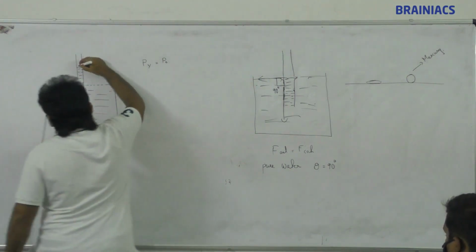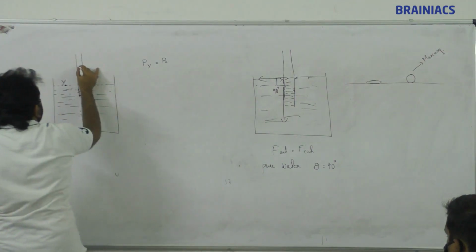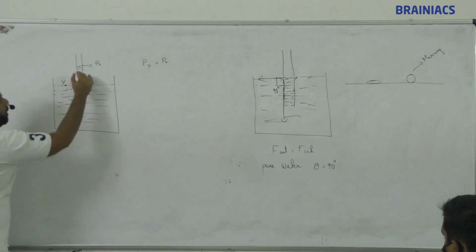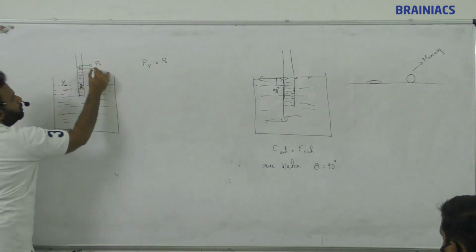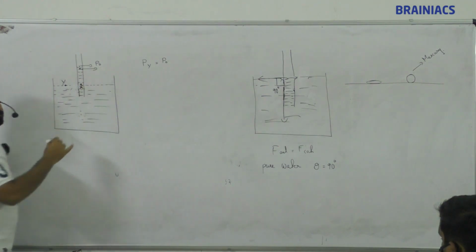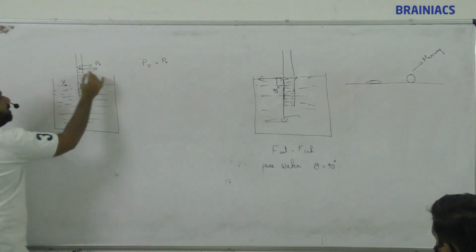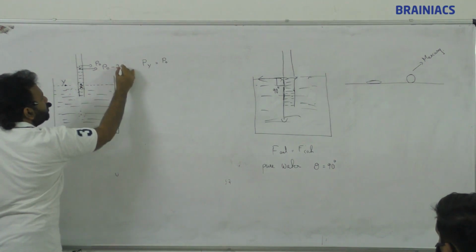What is the pressure here? P naught. The pressure inside is how much less than P naught? Minus 2s by r.